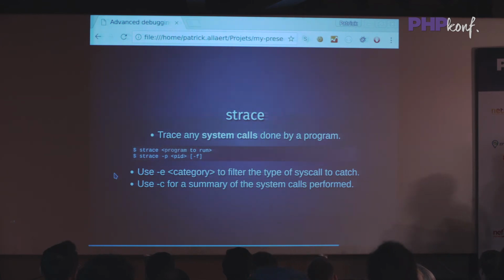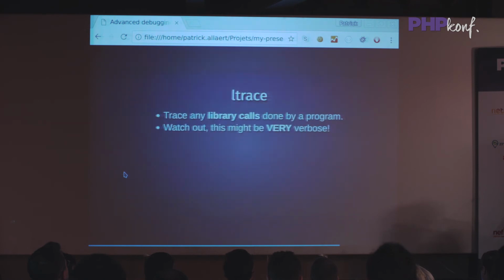If you want a summary of all the system calls, you can also use strace -c. And so you have a table with the number of usages of every system call. This is really informative. Don't do this on ls.php, it's pretty useless, but on a live request, that's going to be handy.